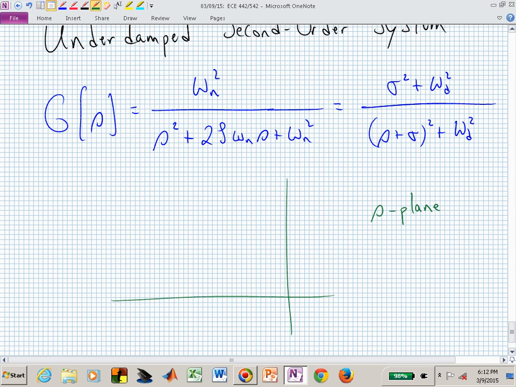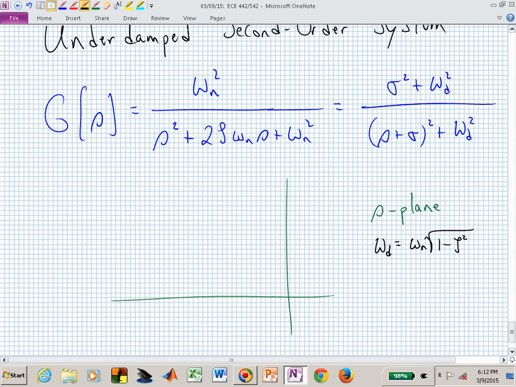This is now the S-plane. We have our damped frequency omega sub d, and that's really the imaginary part of your complex pole pair. Omega sub d is the natural frequency omega sub n times the square root of 1 minus zeta squared.